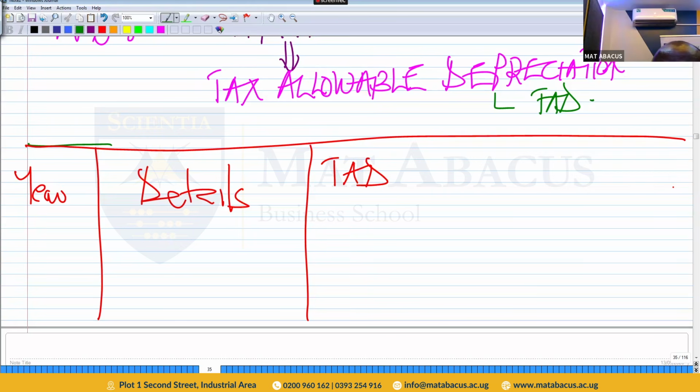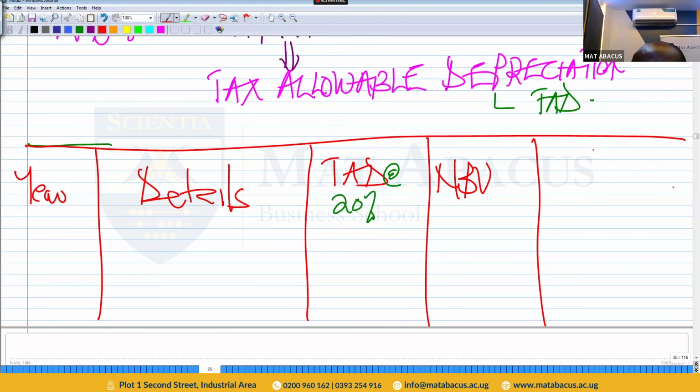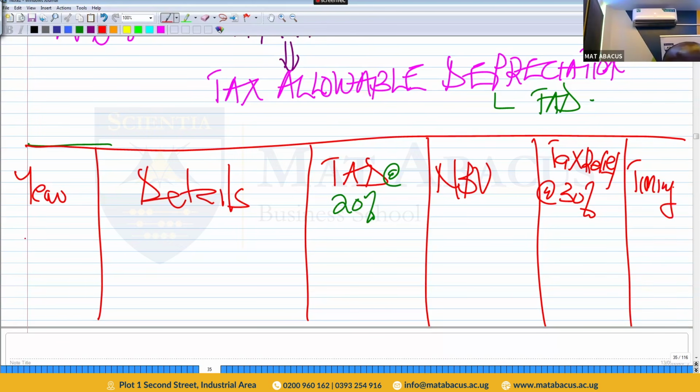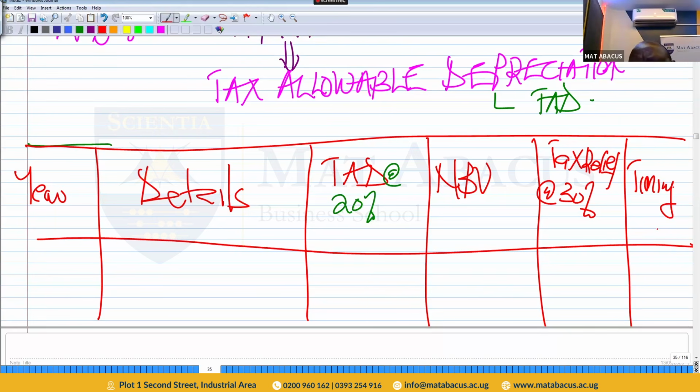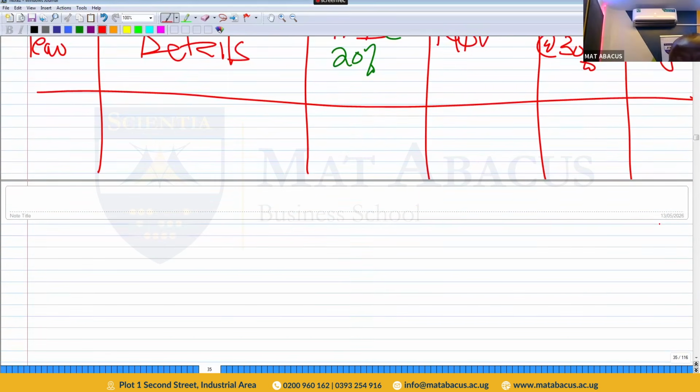Remember, TAD is a straight line at 20% according to the equation. Then I will have my net book value. And then possibly I will have my tax relief. I'm looking for this tax relief. And the tax relief is at the tax rate 30%. And then I will conclude with the timing. That's how we look at it at MAT Abacus.